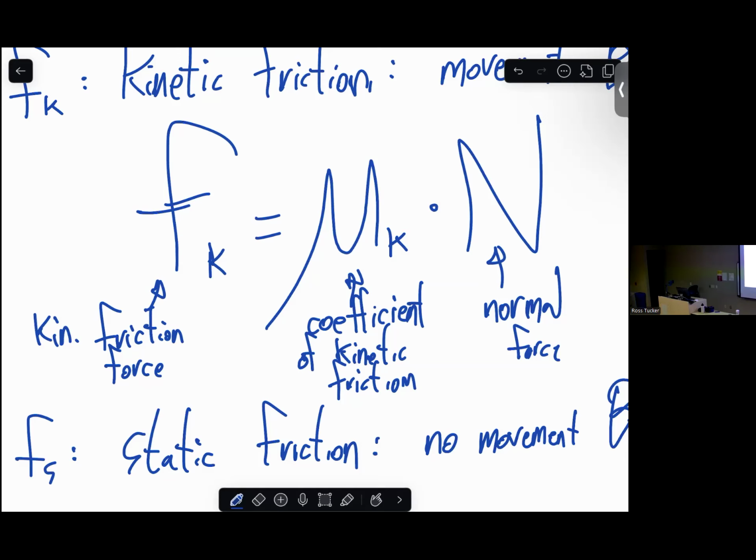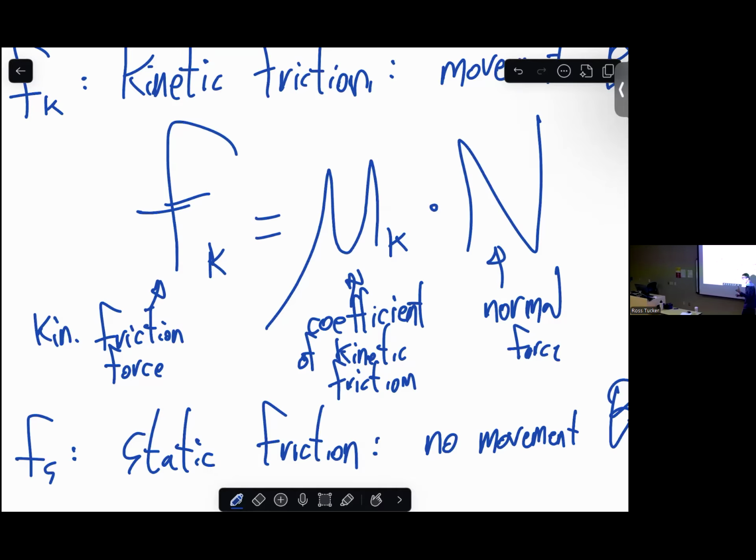Example, asphalt on rubber, kinetic mu equals 0.8. Ice on ice, mu equals 0.05. Steel on ice, mu equals 0.1. It's just a number. Coefficient of kinetic friction.